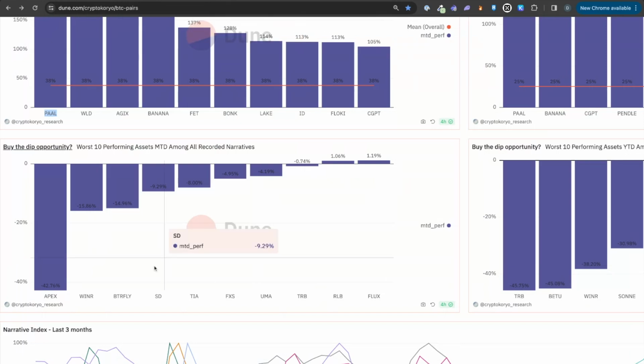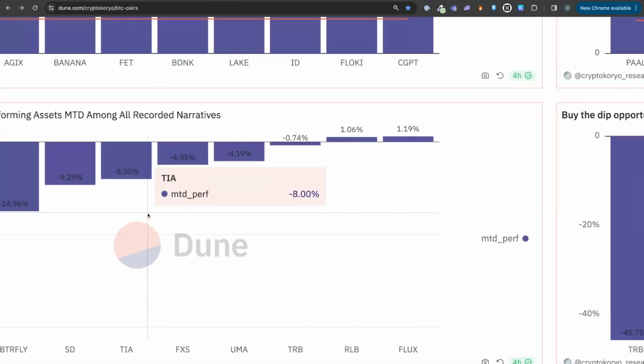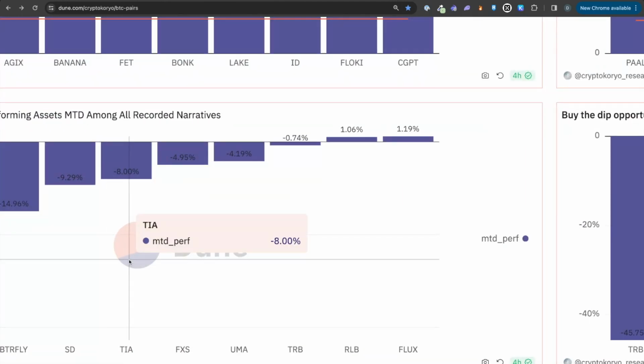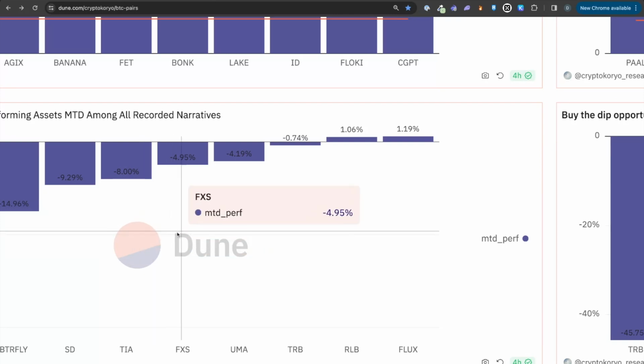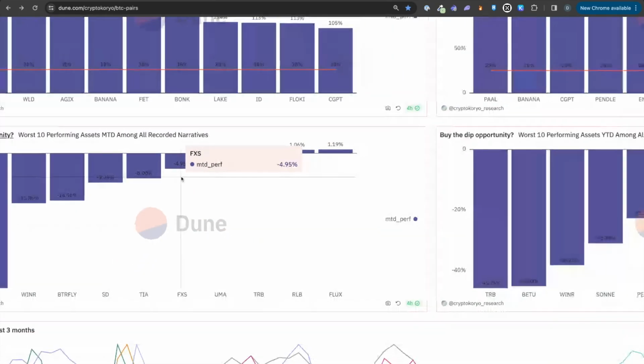Again, if you're into mean reversion, for example, this is interesting. This is a very promising project, TIA, BitTensor, AI related. Frax has a lot of catalysts, and it's here.